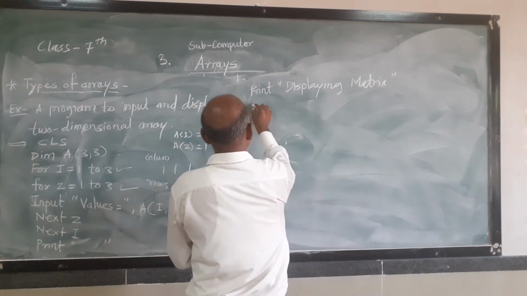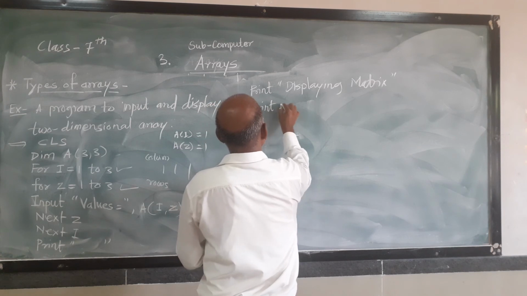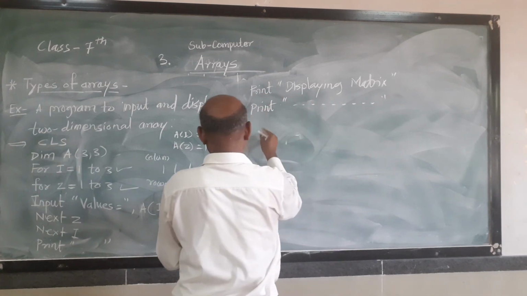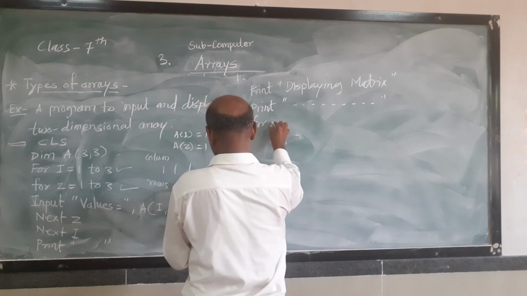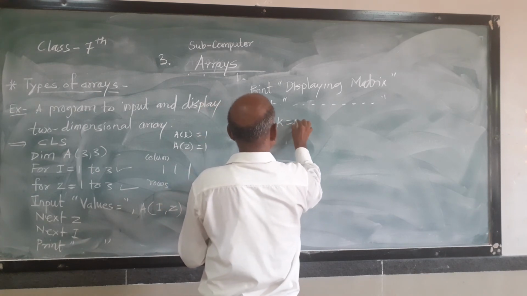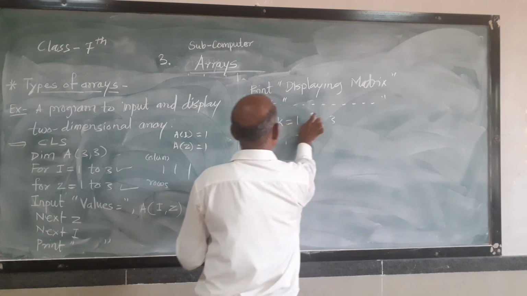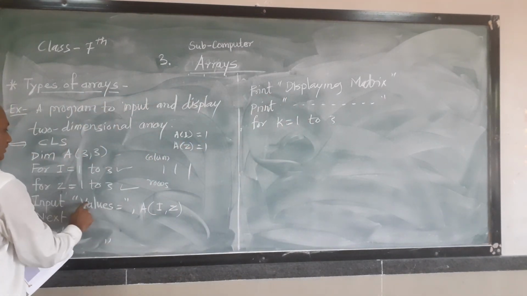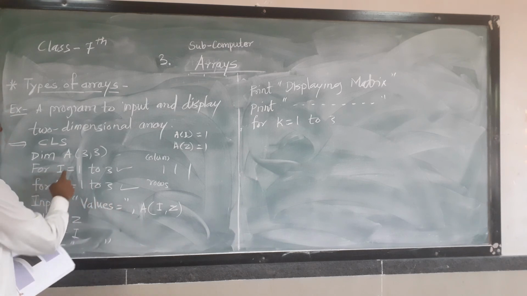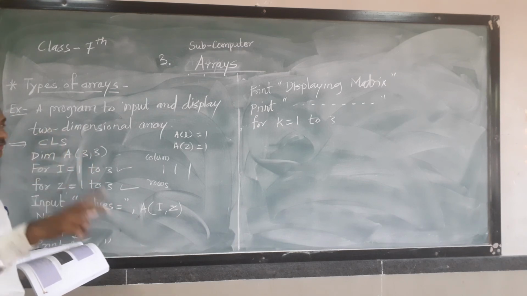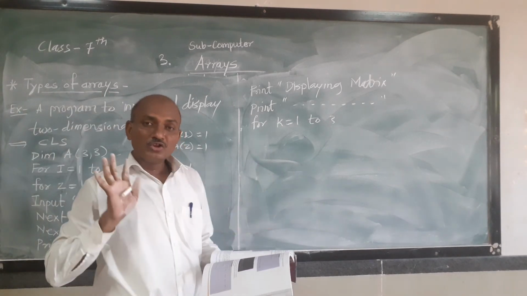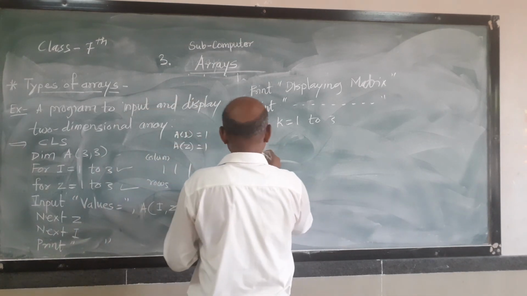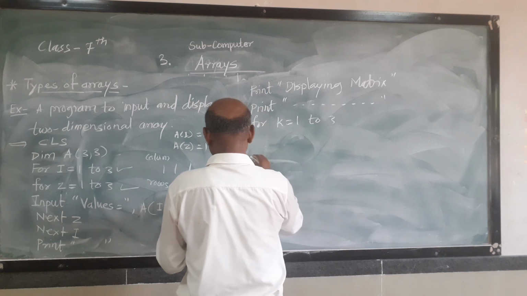Okay, print a dash line, FOR K = 1 TO 3. This INPUT is accepting the values. For that purpose we use two FOR loops, and this FOR loop is for showing the output.